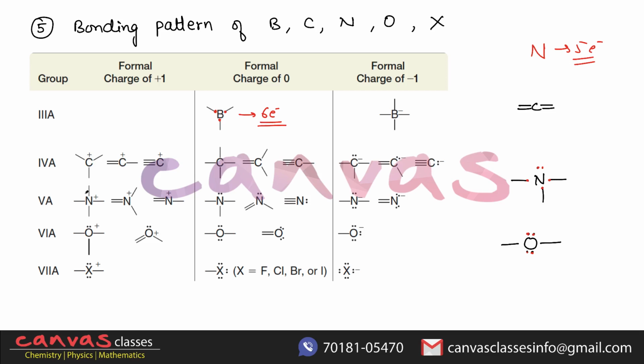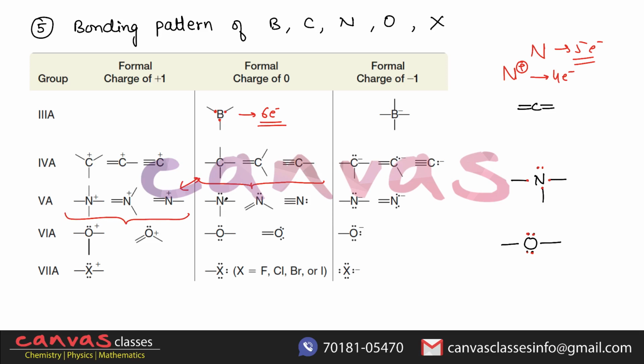When it has only 4, then it is just like carbon, because carbon also has 4 electrons for bonding. So the kind of bonding that we studied for carbon is the same for N positive. Look how similar they are. Why? Because this has 4 electrons and this one also has 4 electrons.